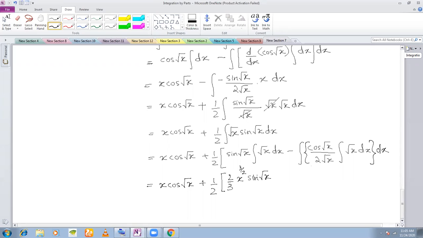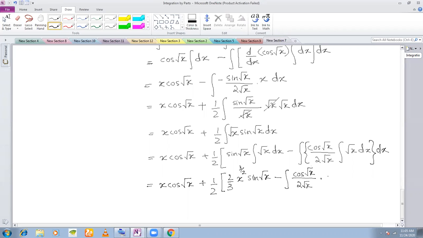Okay, next, minus integral cos root x by 2 root x to the power root x.